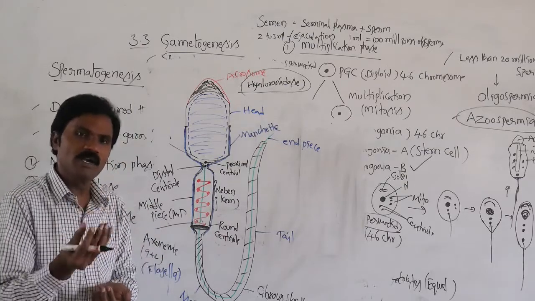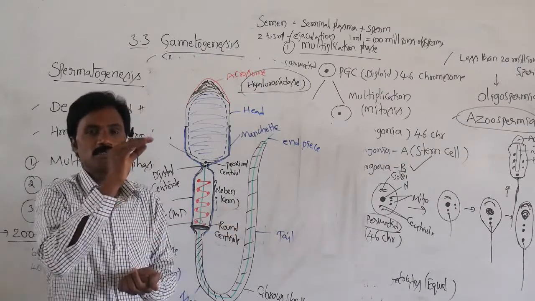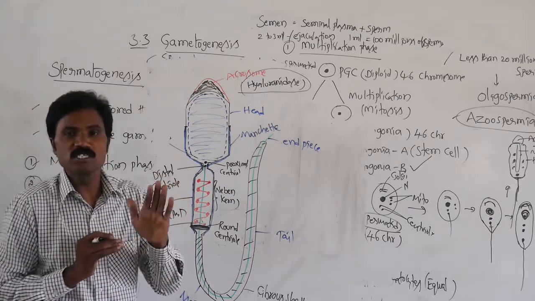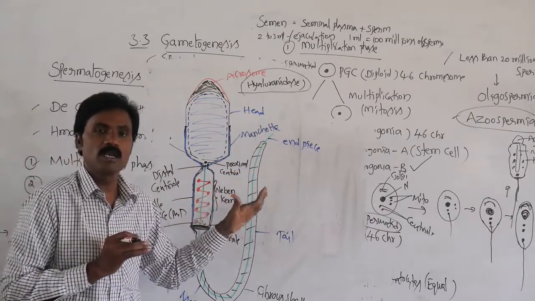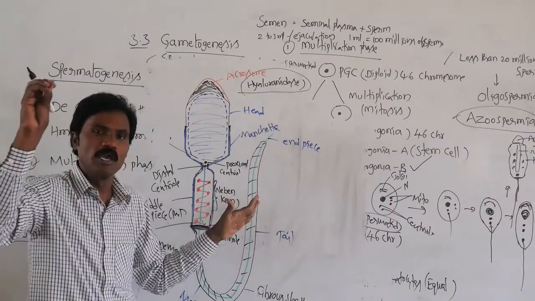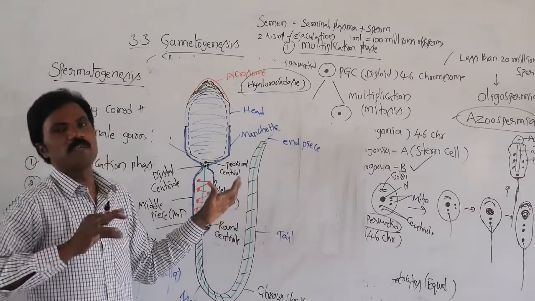What is the ploidy of the secondary spermatocyte? Haploid, because after the first meiotic division. Here all are functional spermatozoa. Every day, from puberty until old age, the testis has the capacity to produce male gametes.